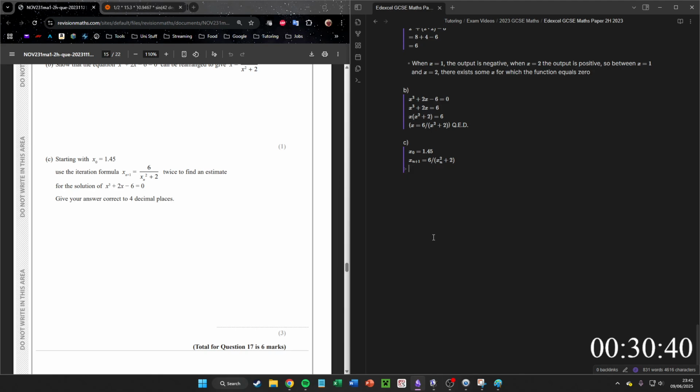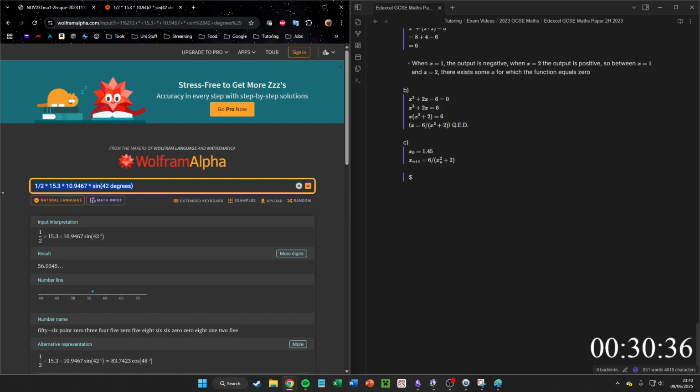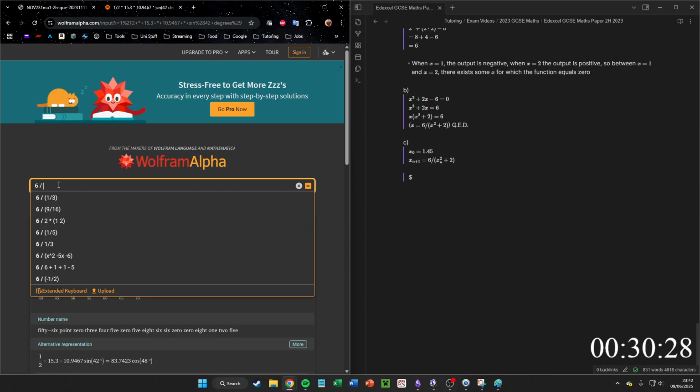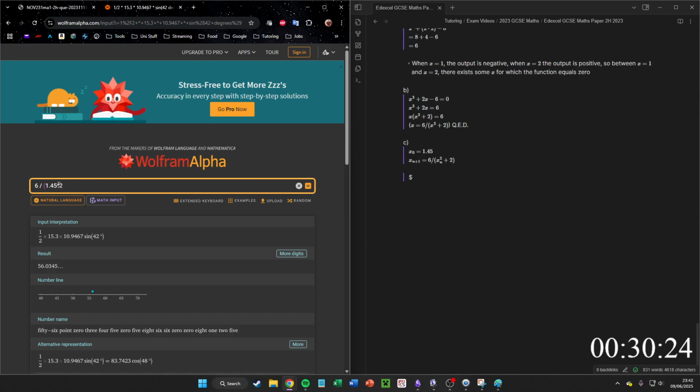So all we're going to do is just iterate terms out using our calculator. If you have a calculator, you can set this equation up and then just keep pressing equals. I'm going to have to do this a bit more manually because of the way that I'm sat here doing it. So 6 over 1.45 squared plus 2.